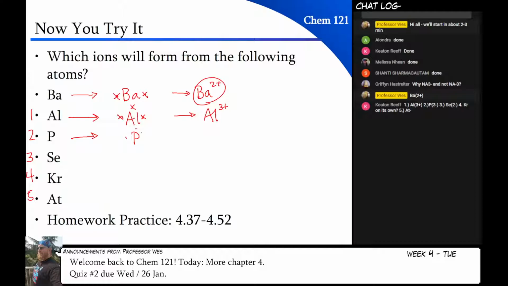For phosphorus, I have 5 valence electrons. I would have to add in 3 more electrons. I'm going to draw those as circles here so you know which ones I've added in.